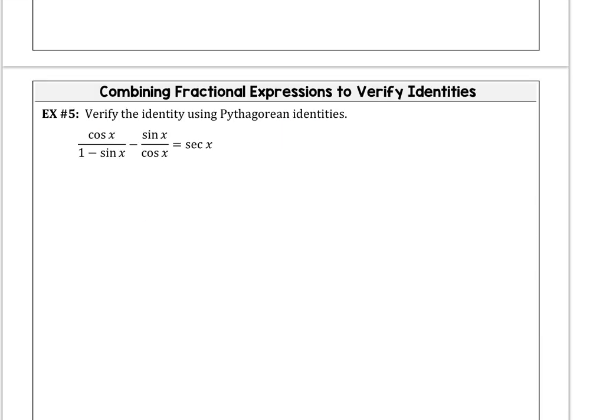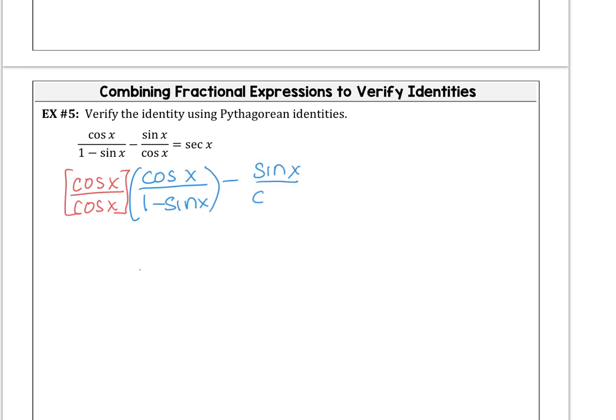This one, example 5, we want to verify using Pythagorean identities. The first one I'm going to take, let's see, I want to multiply both sides by cosine. So cosine of x over cosine of x times that left fraction, cosine of x over 1 minus sine, and then minus sine divided by cosine.